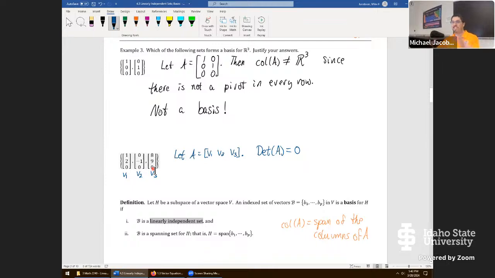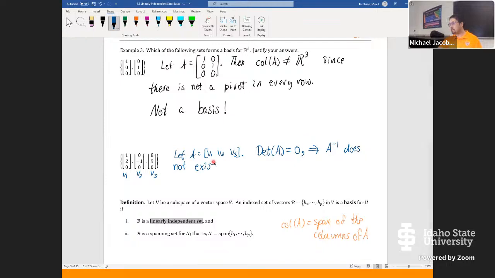This is not a matrix, but imagine it as a matrix. You just do a cofactor expansion down the third row. But if the determinant of A is 0, then this implies A inverse does not exist. Now, if we're thinking about the invertible matrix theorem, then that's pretty special.